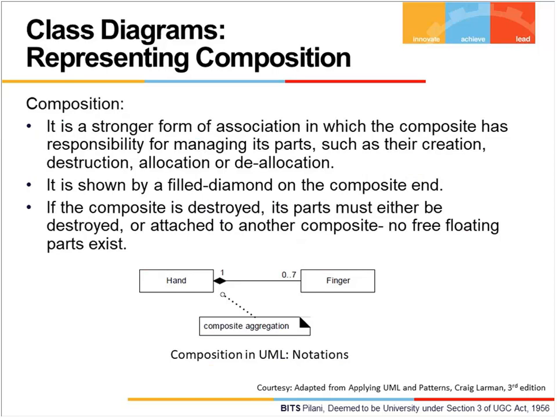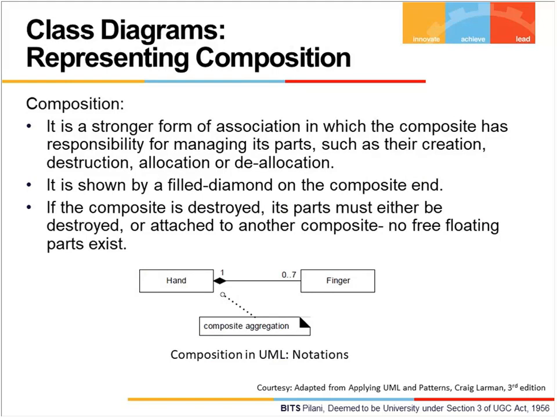In the composite relationship, the parts get destroyed. If my composite or the whole is destroyed, that means my parts do not have an individual existence, right? Say for example, this one, as shown in the slide, a hand is a composition of fingers, right?